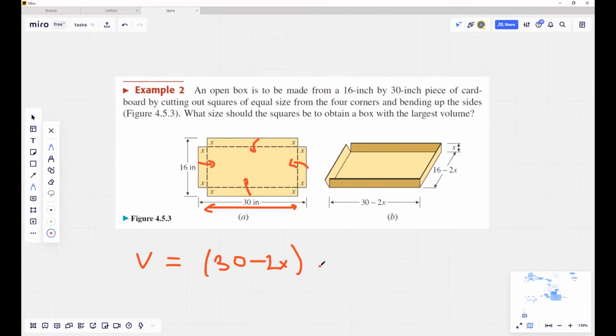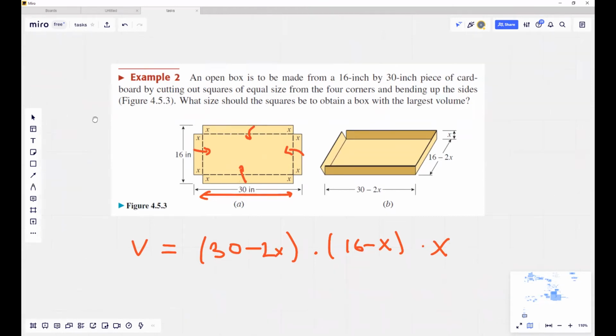And similarly, the other side length is going to be 16 minus 2x. And since we are lifting those upwards and this side length is equal to x, the height of our box is going to be equal to x. So this is the function for volume that we need to maximize.